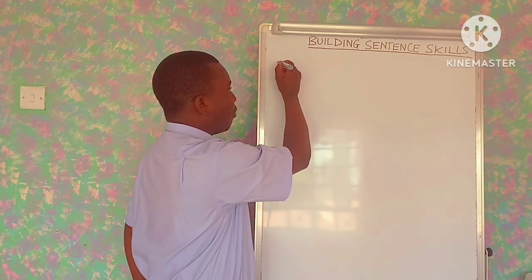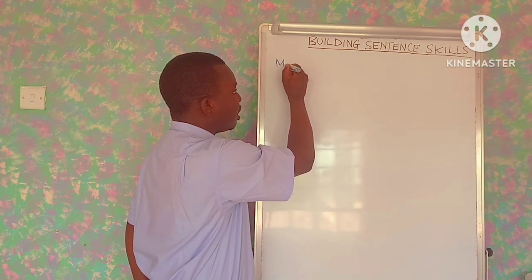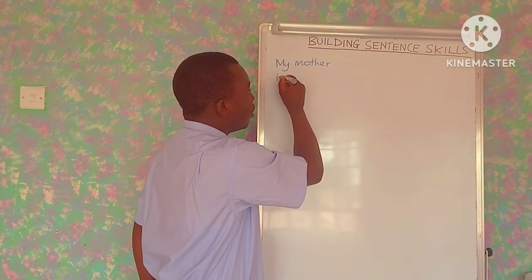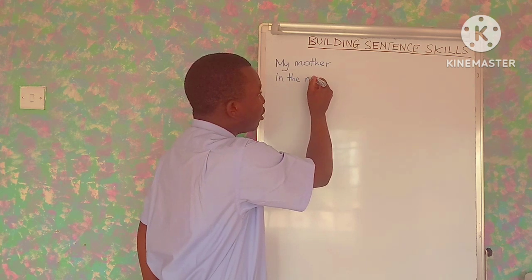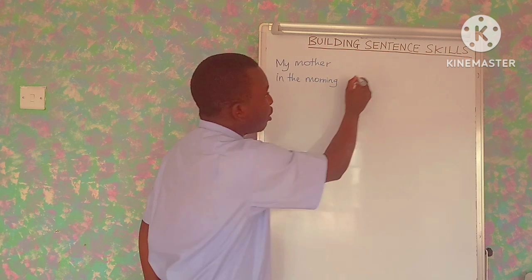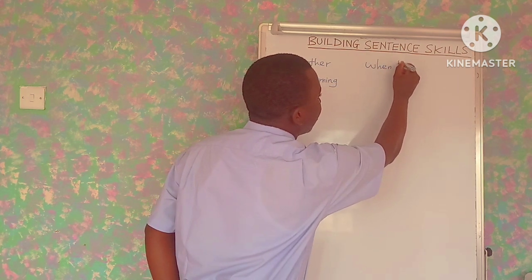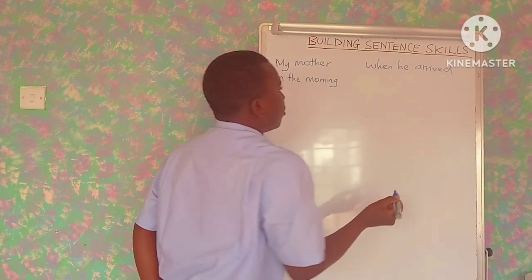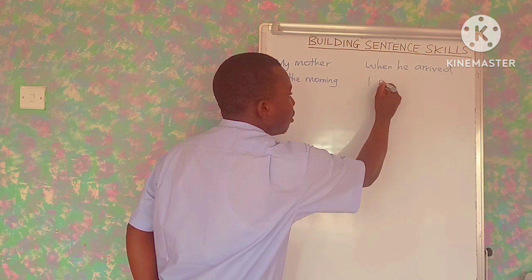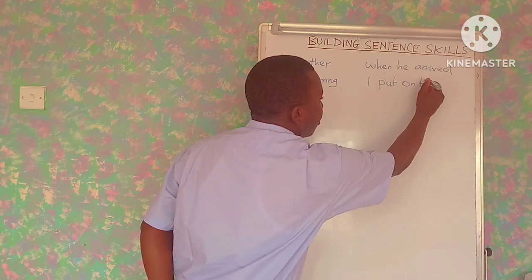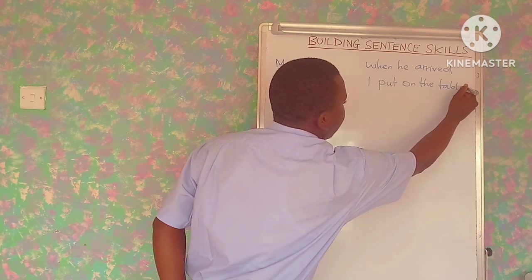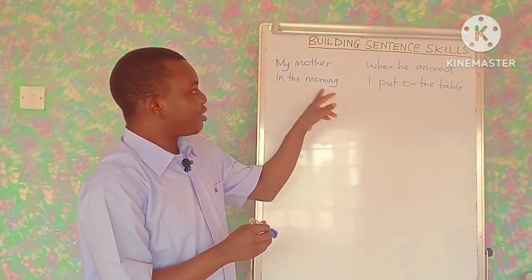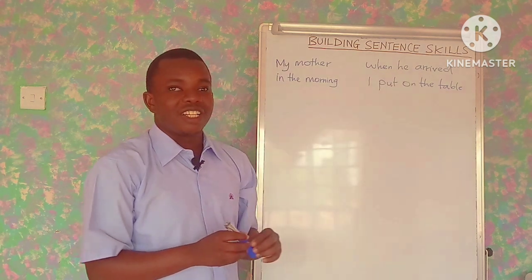Consider this sentence, this group of words. So there is my mother in the morning when he arrived and I put on the table.